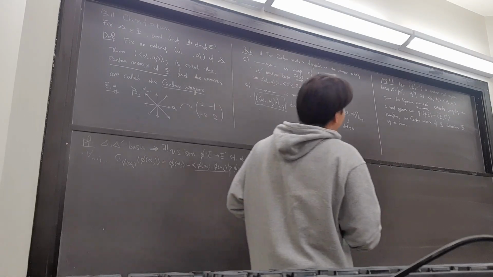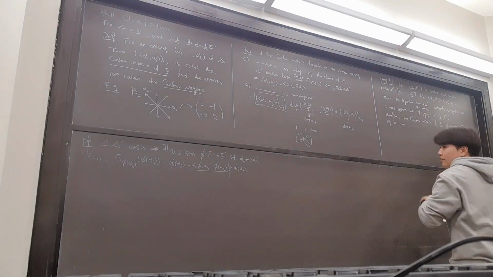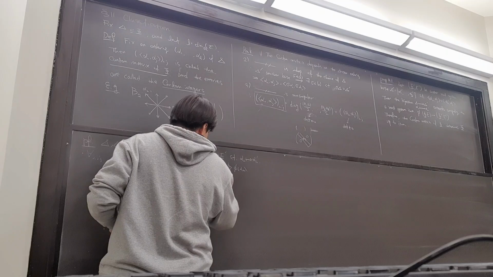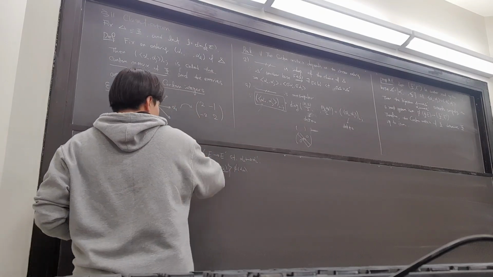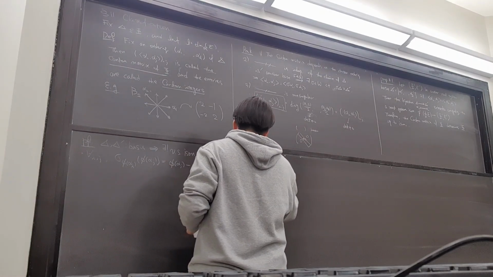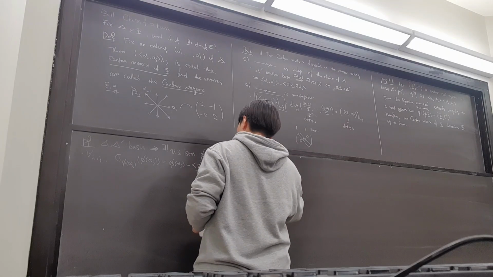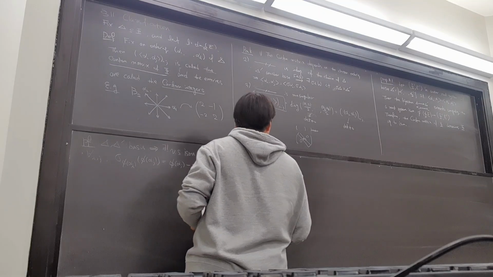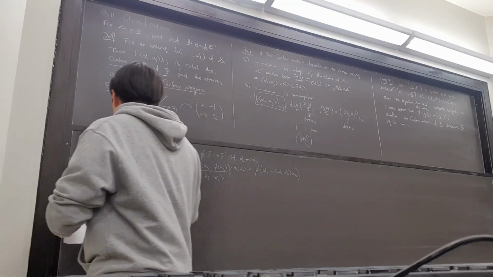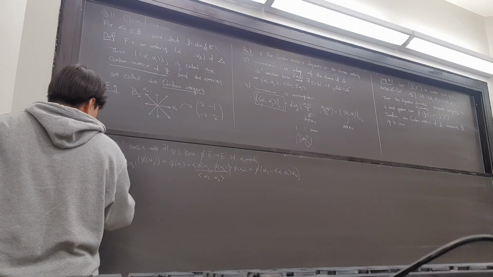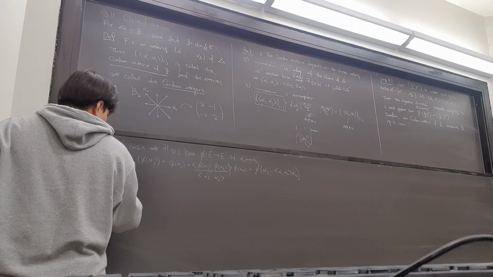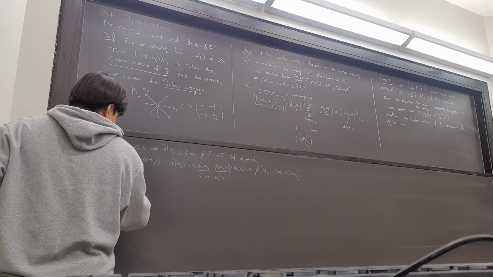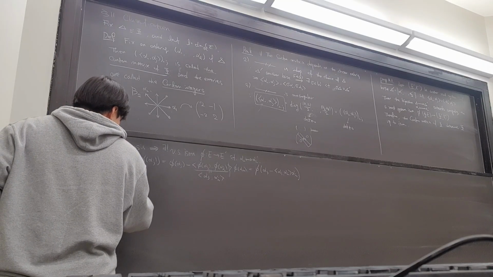But by the assumption, it's the same as ⟨α_j, α_i⟩. And π is just a linear transformation, so we can write it as π of α_j minus ⟨α_j, α_i⟩ α_i. So this is π of σ_{α_i} of α_j.